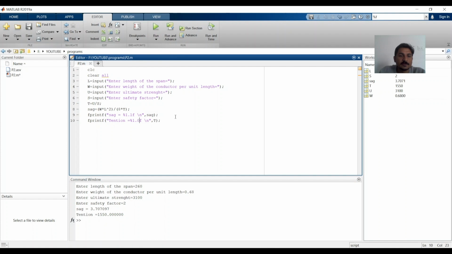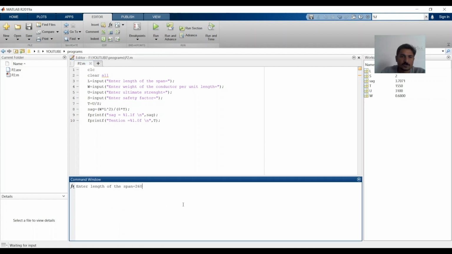If we run it again with the same inputs, the value of sag is 3.7 and the tension is 1550 kg, and the exact value of the sag, 3.7071, is in the workspace, and the tension is 1550.